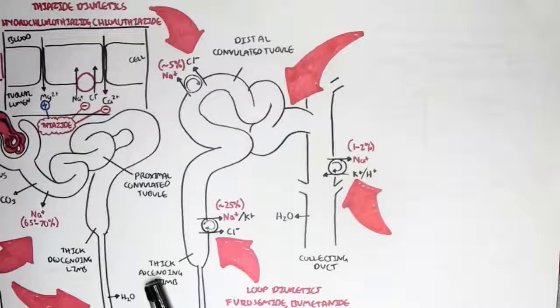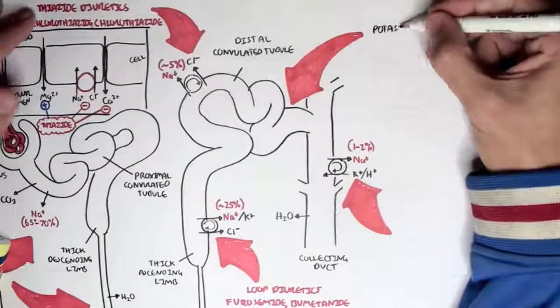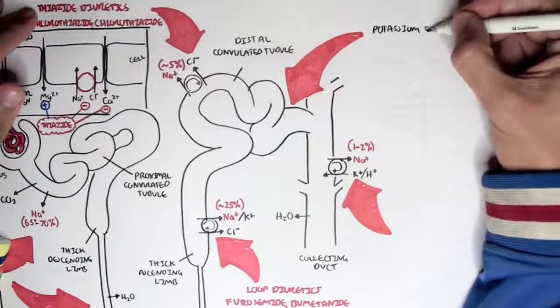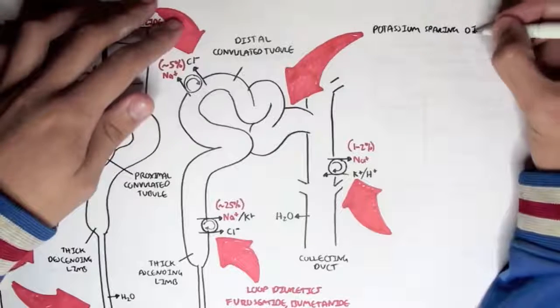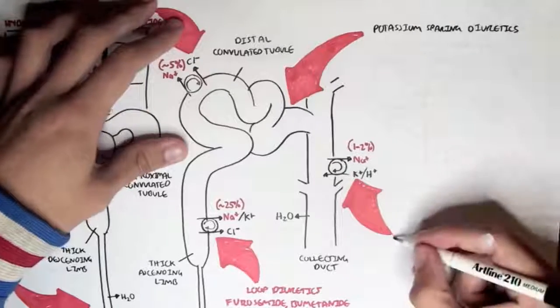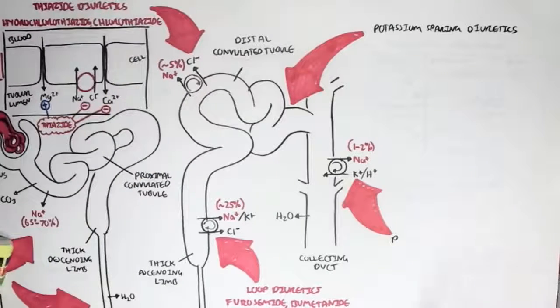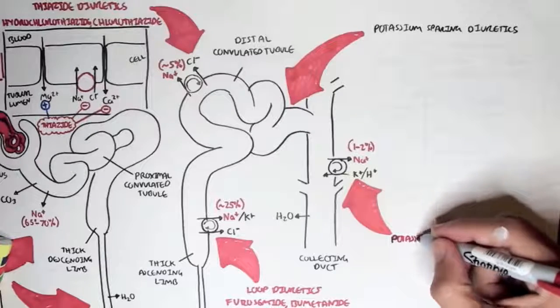Because if you haven't realized, the other diuretics we looked at, the other three, they cause an increase in excretion of potassium. And that is why potassium-sparing diuretics are used in conjunction with other diuretics to prevent the excretion of potassium. Because potassium is very important in the body.